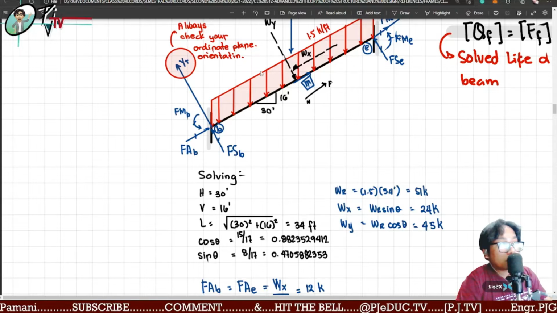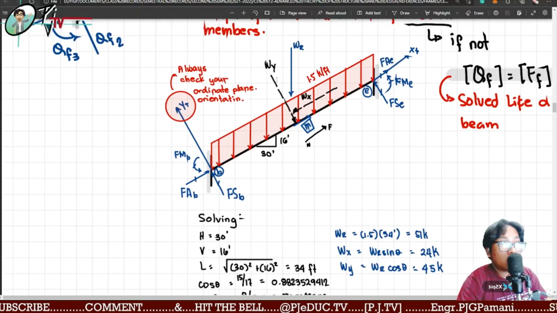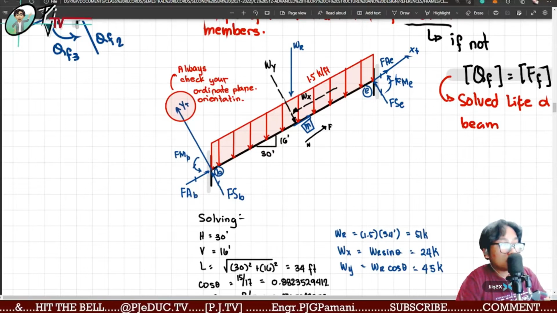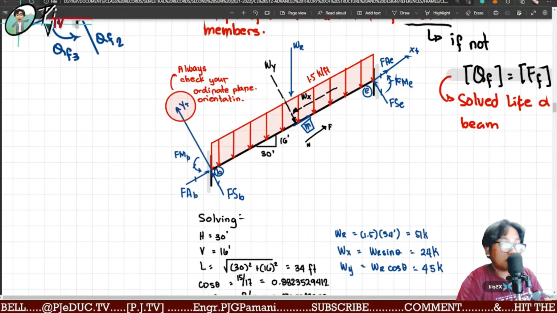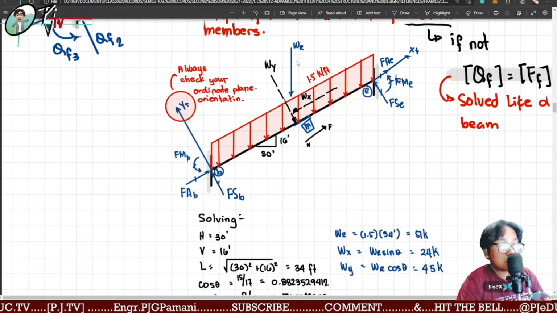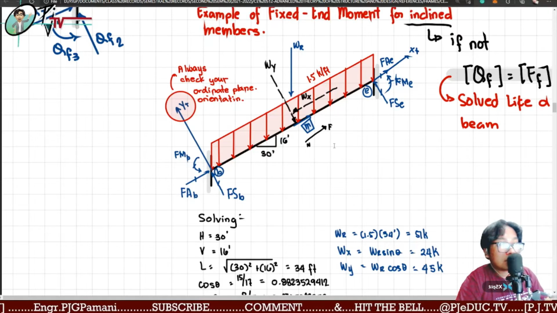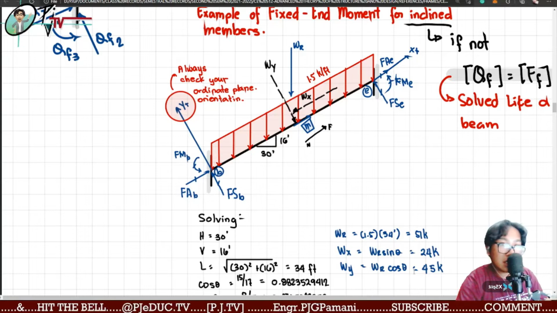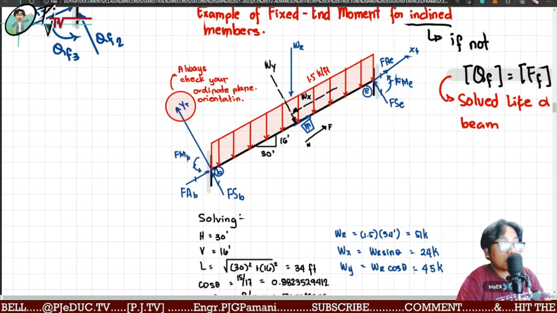Converting our uniform load to its x and y components: vertical uniform load of 1.5 kips per foot, that is 1.5 times 34 is 51 kips, WR, the resultant. Convert it to its x and y components. WR sine theta, WX is 24 kips. WY is equal to WR cosine theta, which is 45 kips.